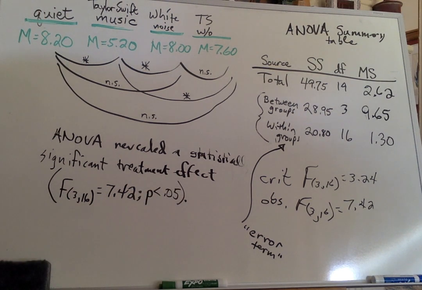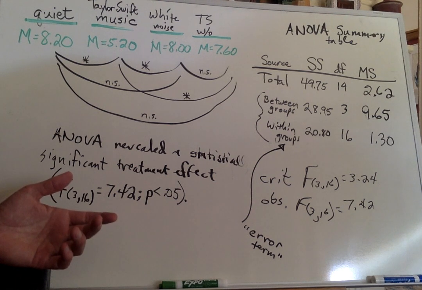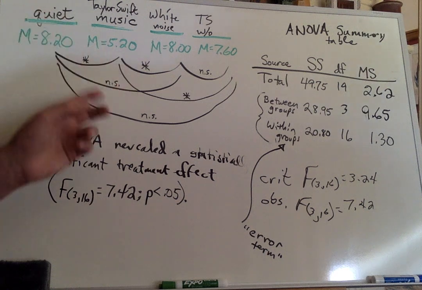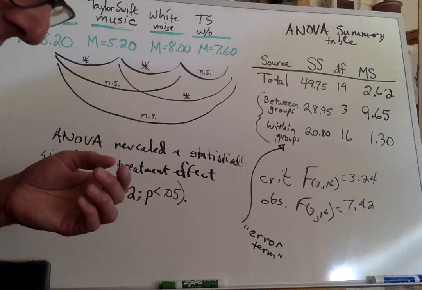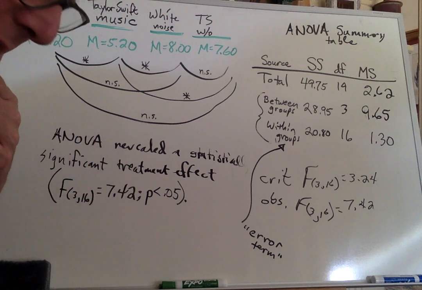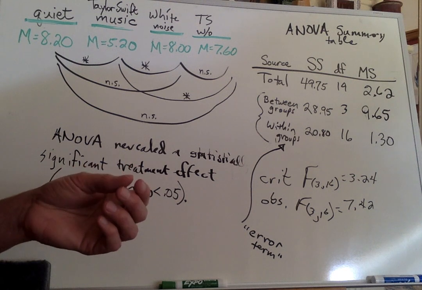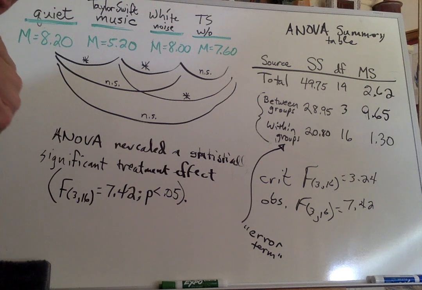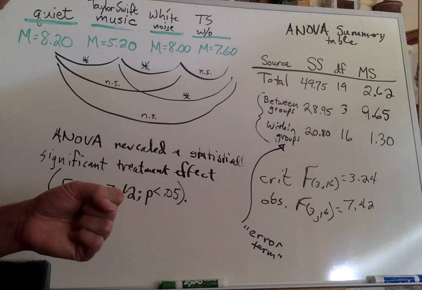But of course, anybody reading this in a journal will know right off the bat that just because you have a significant treatment effect doesn't tell you where that treatment effect is. In fact, I'll tell you a little story. When I was a research assistant after I got my bachelor's degree, I worked at Colgate University with a really good professor there, Scott Crayley. We were doing research with more than two groups, so we were using analysis of variance.